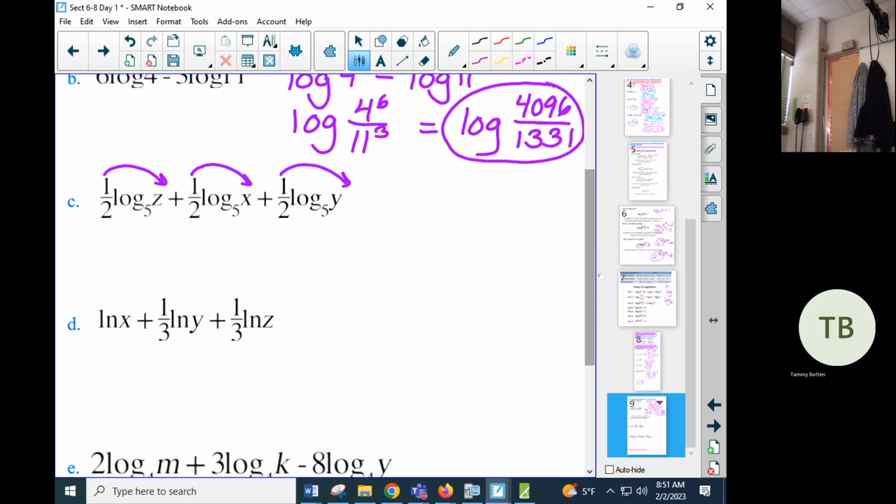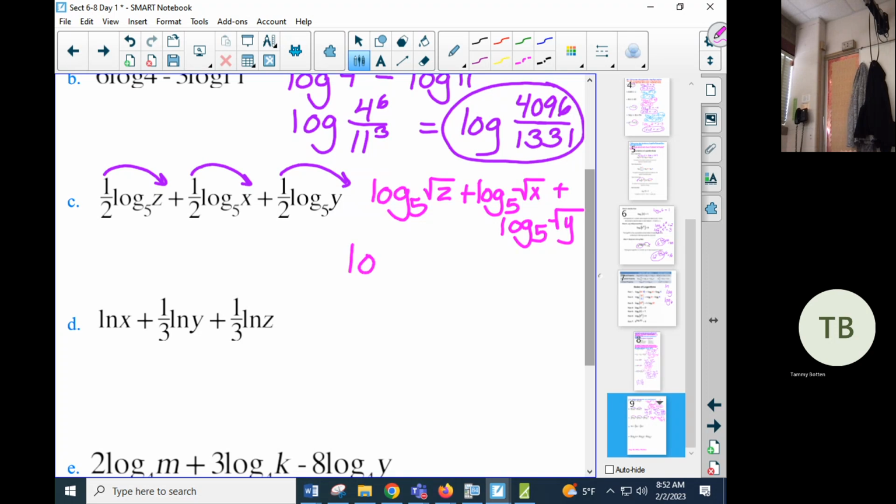So what you would do here, you would have log base 5 of, and I'm going to skip the step of writing as z to the 1/2, I'm just going to write the square root of z, plus log base 5 of the square root of x, plus log base 5 of the square root of y. Okay. They all are added together. I want to condense them. When you condense adding, you multiply.